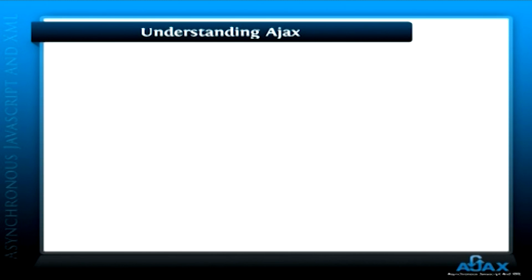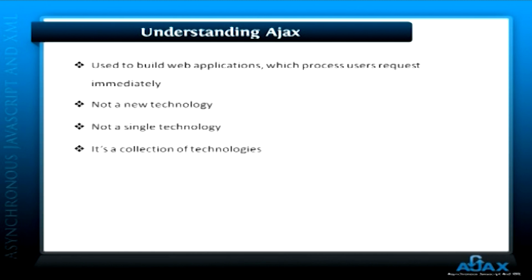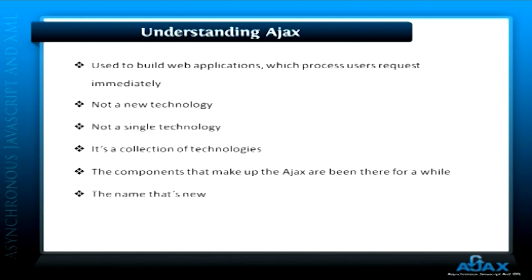Understanding Ajax. From our previous tutorials, you would have learned that Ajax is used to build web applications, which process users' requests immediately, right? Okay, yeah, but it's not a new technology, remember? Also, Ajax is not a single technology, it's just a collection of technologies. The components that make up Ajax have been there for a while, but really it's just the name that's new.